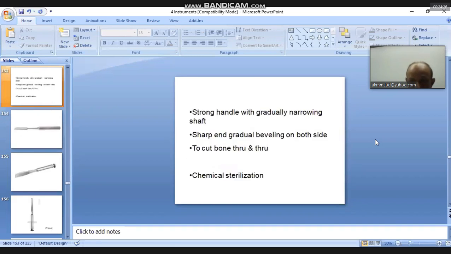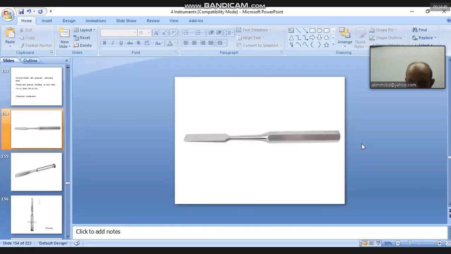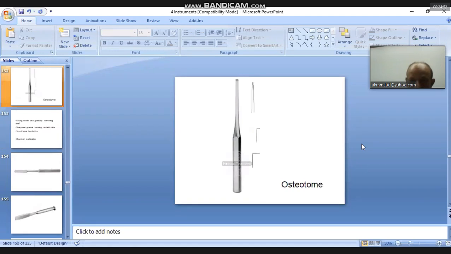Now see the difference between the osteotome and chisel. This is chisel. You see, the one side is straight and the other side is beveled. This is chisel. And this is osteotome. You see, both sides are beveled.